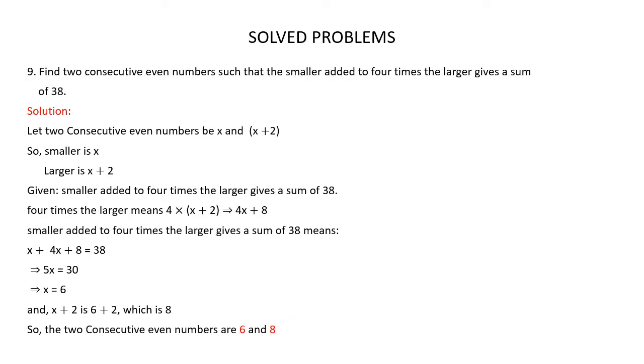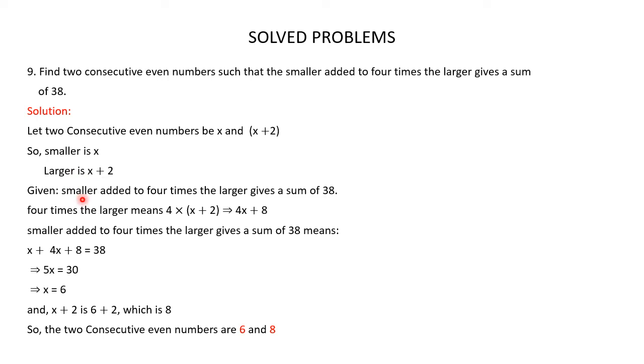Question number 9. Find two consecutive even numbers such that the smaller added to 4 times the larger gives a sum of 38. So let the two consecutive even numbers be x and x plus 2. Here smaller is x, larger is x plus 2.